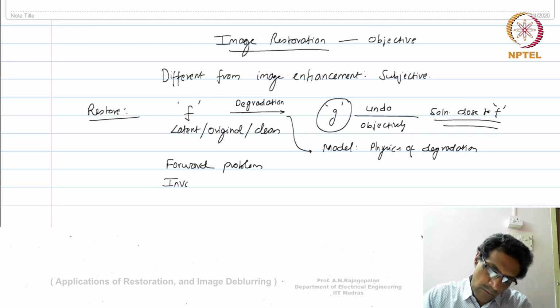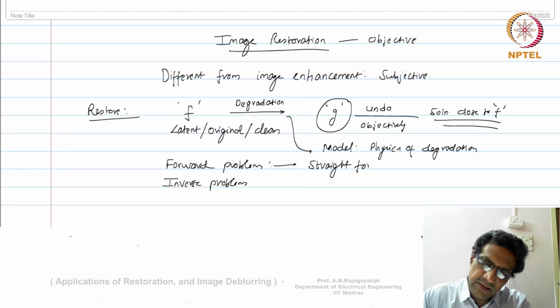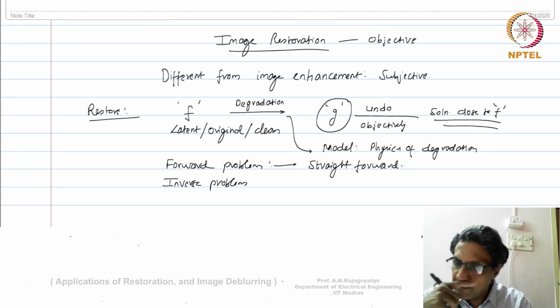Now, forward problems are typically well posed. I'll talk about what we mean by well posed. This is kind of straightforward. All that you need is the image, and then somebody gives you a degradation and says, use the physics of image formation to produce G.